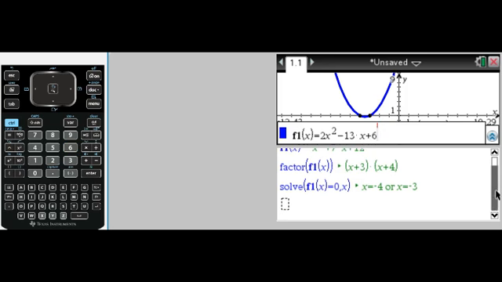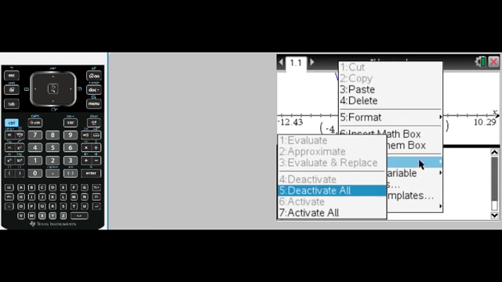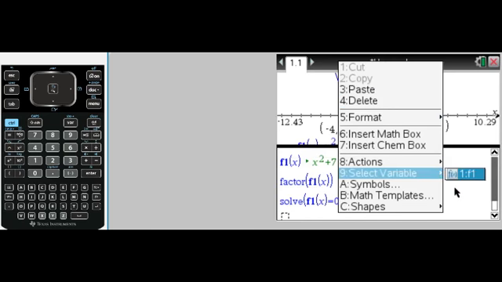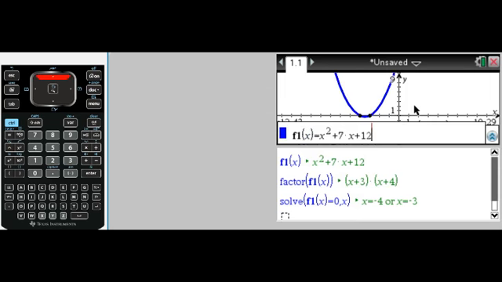I didn't really want them to see this screen, but I didn't have a way of getting rid of it, so I just covered it with my hand and said, okay, let's go ahead and graph that function. Oops. Still didn't do it.